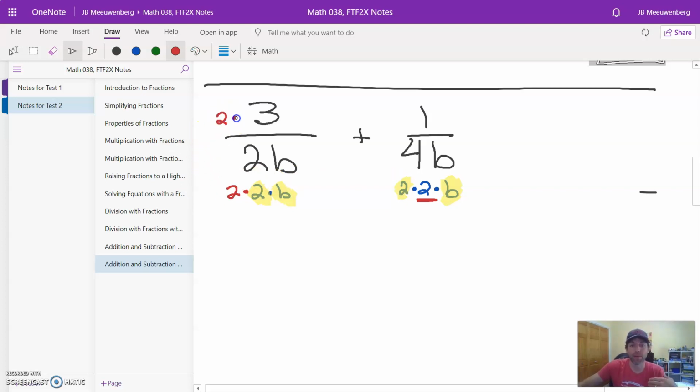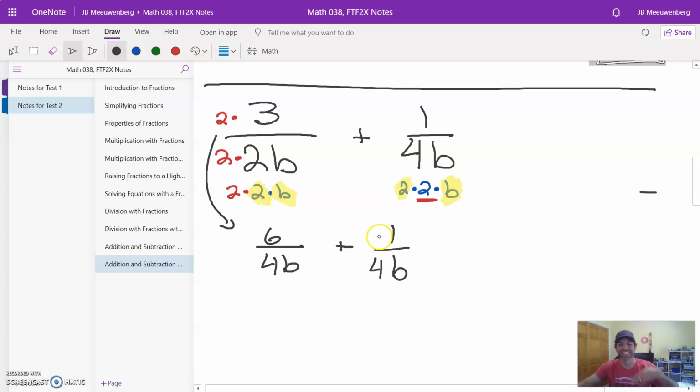So I'm going to multiply the top by 2 and the bottom by 2. And when I do that and change it, I'm going to bring it down here. 2 times 3 is 6. 2 times 2 times b is 4b. I don't have to change this one at all. It's already 4b.